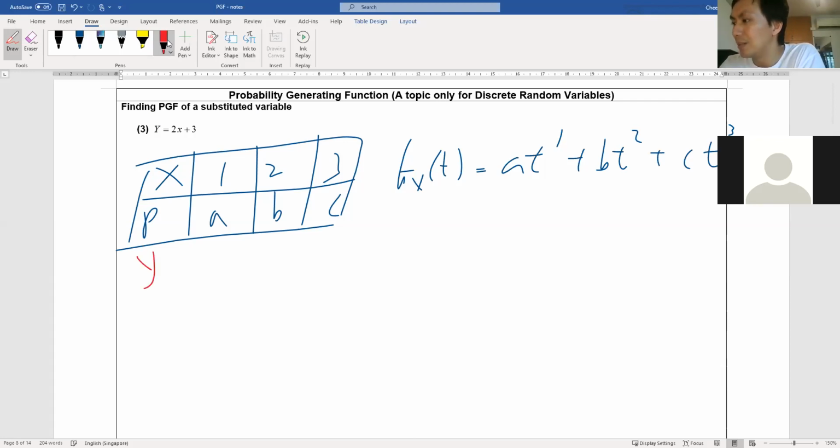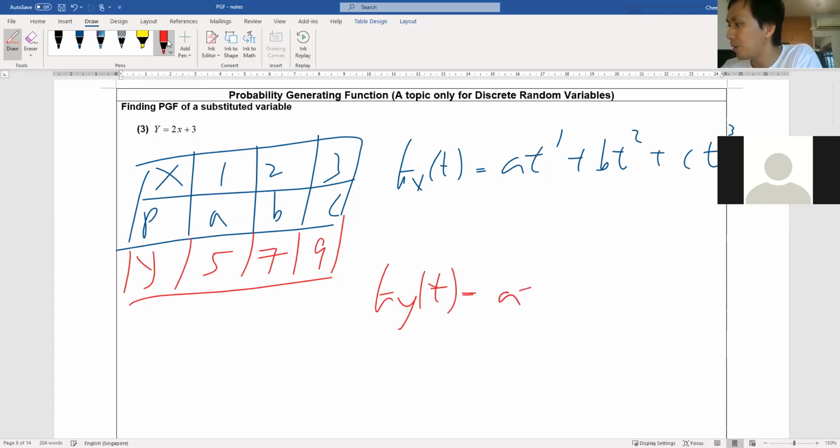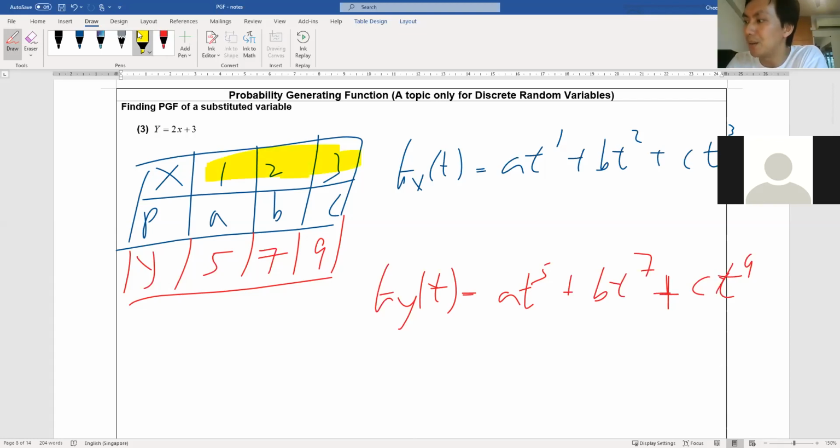So this will give you 5, 7, 2 times 3 plus 3, 9. Okay. So the PGF of y is just equal to a t to the power 5 plus b t to the power 7 plus c t to the power 9. Okay. You must always be able to be quick to figure out how the outcomes will be updated based on the transformation stated. Okay, that's all really.